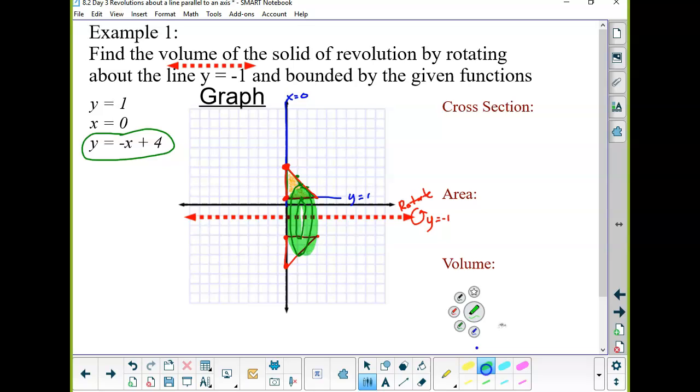We do have that washer. Now, as always, the challenge is finding the radii. What is the radius of each one? It's the large radius minus the small radius.